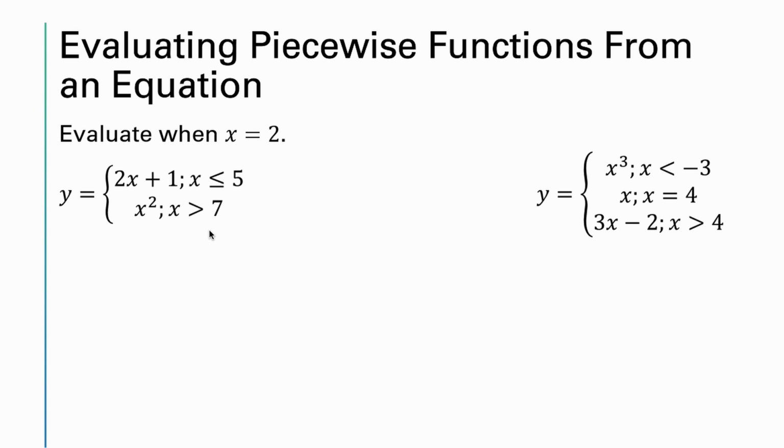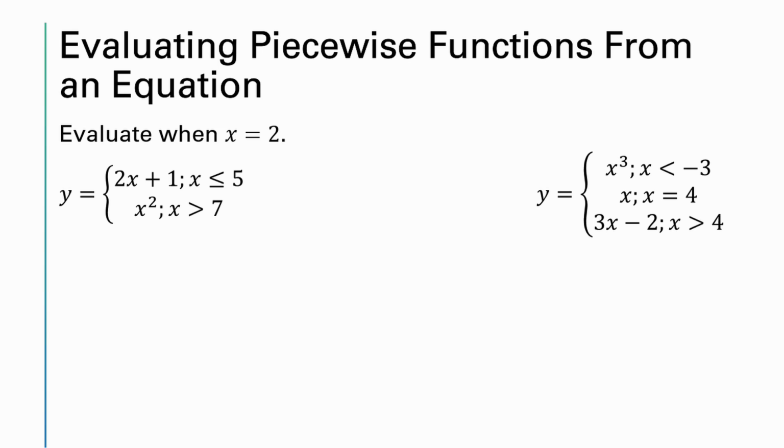Okay, so which interval does this belong to? Well, let's find out. If 2 belongs to this interval, then this rule will be applied. If 2 belongs to this interval, this will be applied. So which one does it belong to?